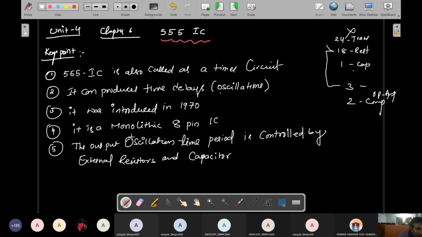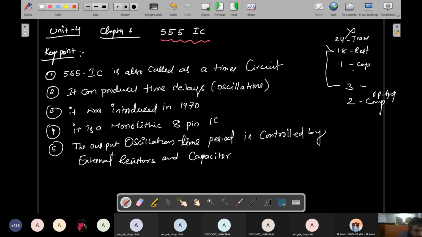Okay, so whatever output we get by using this 555 IC, that is the output oscillation time period. So you have an input wave and you will get an output wave.